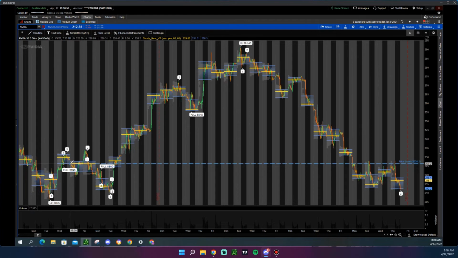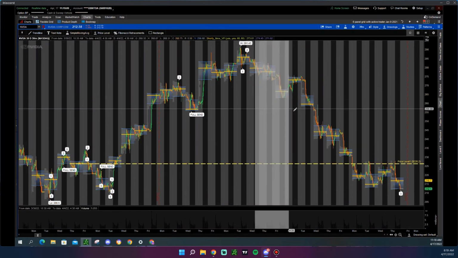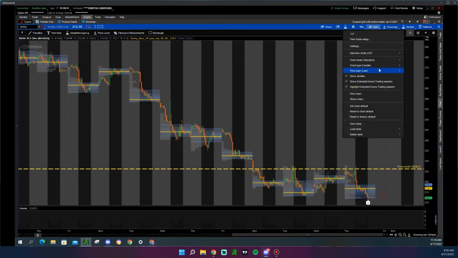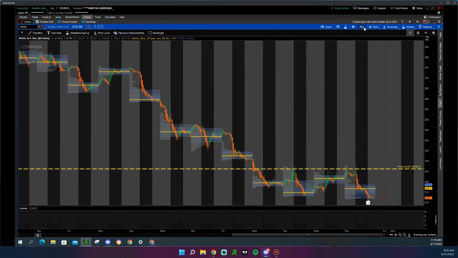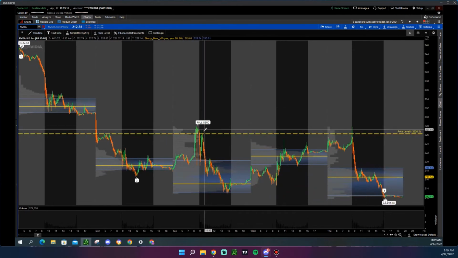But just a quick point on the confluence. You see here that you had 2 days of VPO or POCs, and probably more if I go to the left. But look at this, 2 POCs together right here. And the bearish full send was right here on 5 minutes. Look at this.